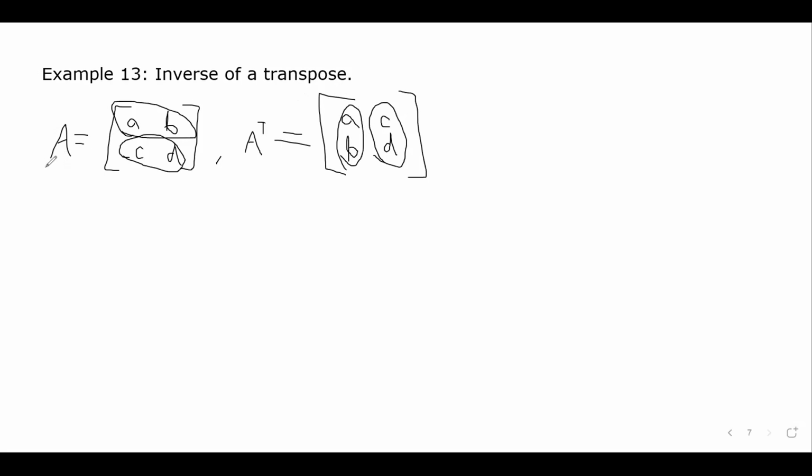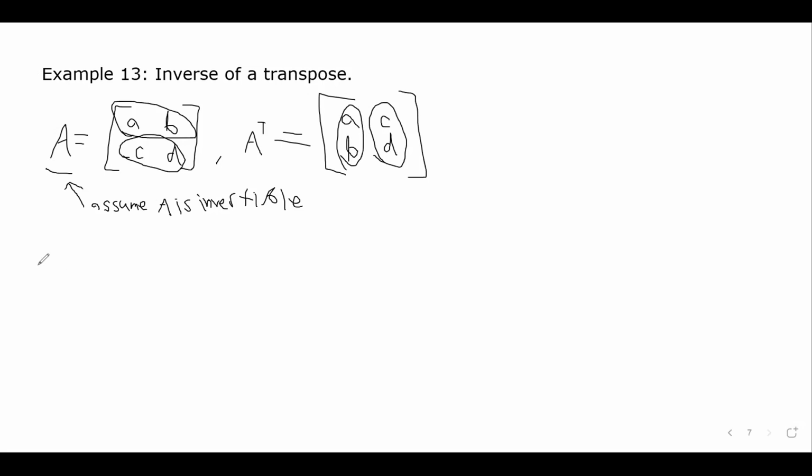Okay, so by our assumption, we're saying that this is invertible. So assume A is invertible.